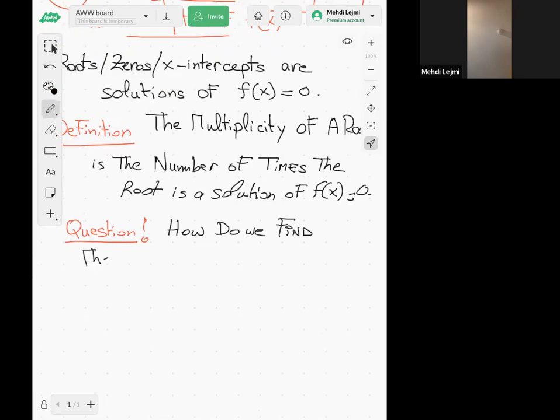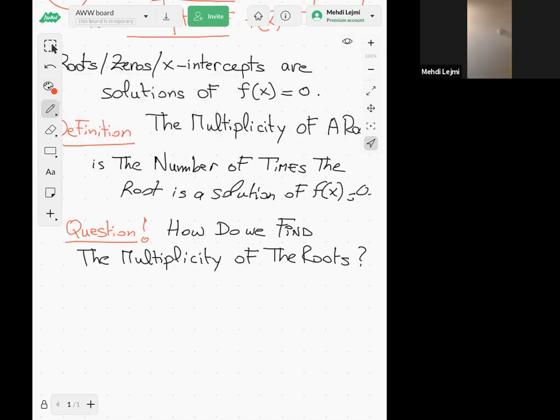I guess that's where we stopped on Monday. Probably we had just one example, but let me explain again how we find the multiplicity of the roots. To find it, there are 2 steps.